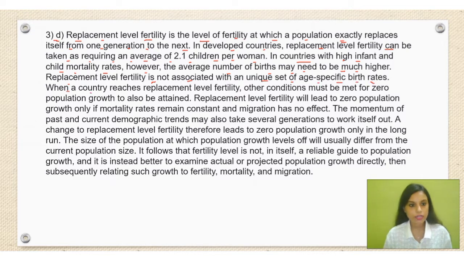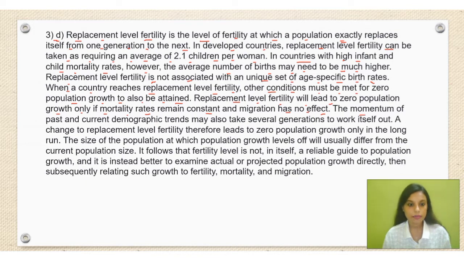When a country reaches replacement level fertility, other conditions must be met for zero population growth to also be attained. Replacement level fertility will lead to zero population growth only if mortality rates remain constant and migration has no effect.